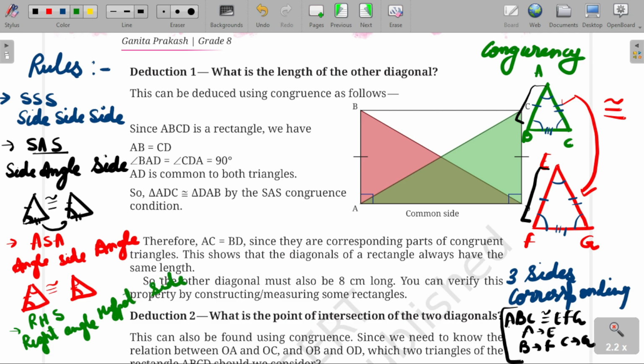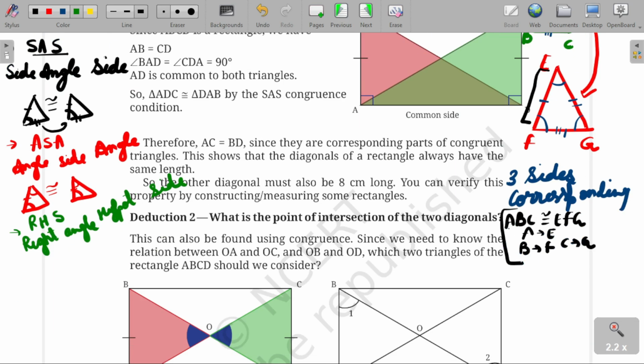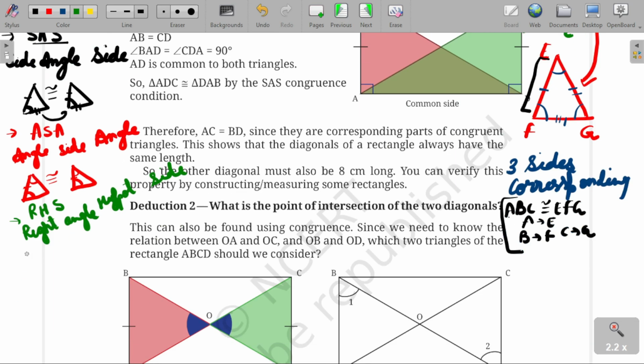So if you have two triangles, they must have one right angle that is equal, the hypotenuse should be equal, and one side, any of the sides, should be equal.